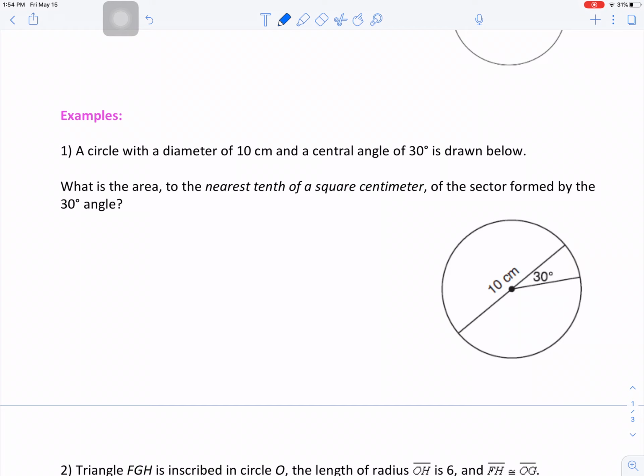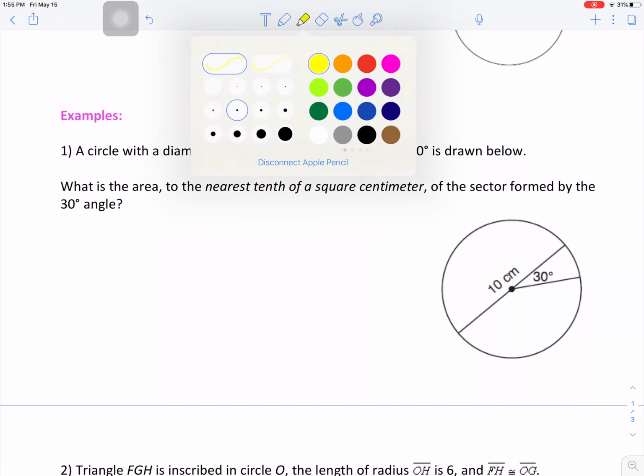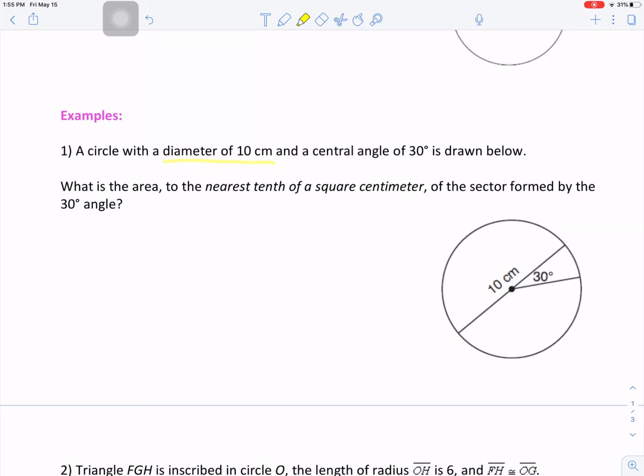First thing I want you to notice is this question is giving you a diameter. Almost every time in geometry, I would tell you, whenever they give you a diameter, change it to a radius. Giving you a diameter is not helpful because your area formula is in radius.